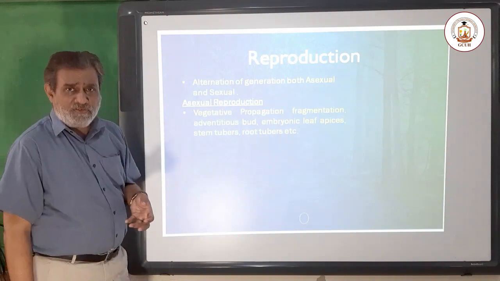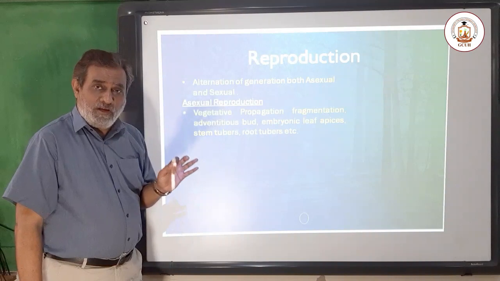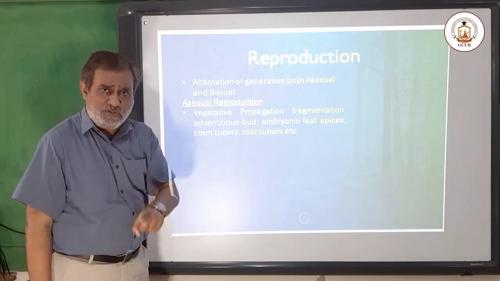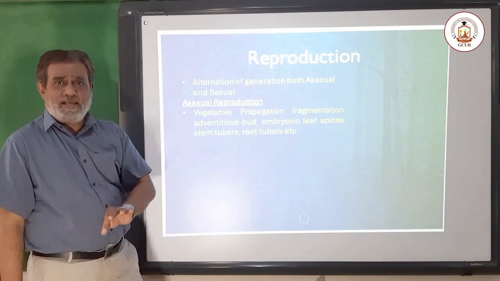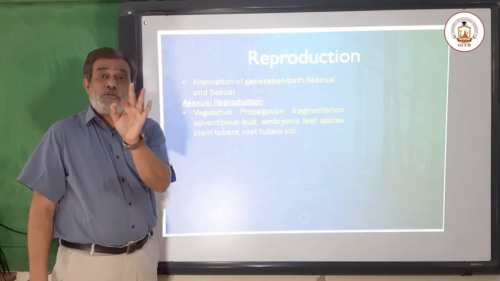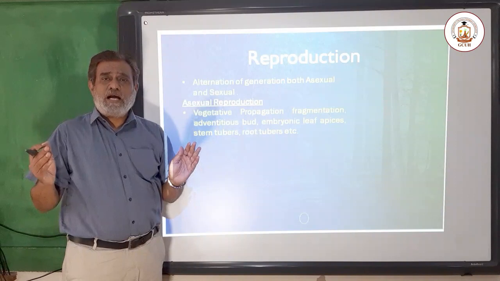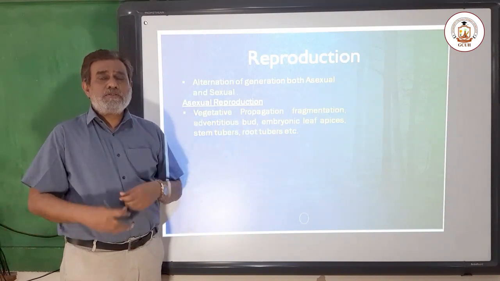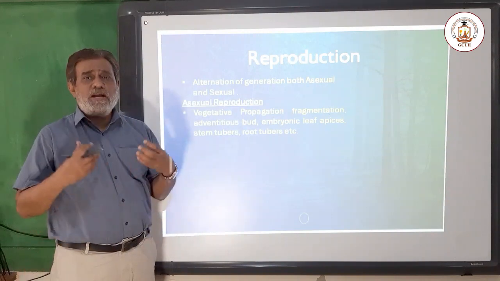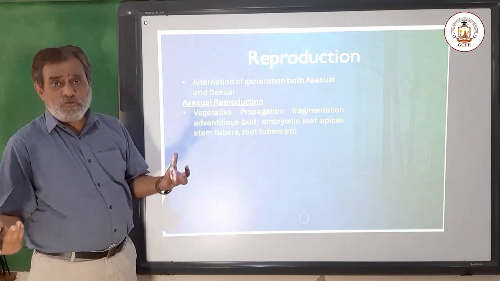I have also discussed in previous lectures that meiosis takes place once, when the plant produces spores, and the spore mother cell is responsible for producing spores. Sometimes these spores are morphologically similar, sometimes dissimilar. If the plant produces morphologically similar spores, they are called homosporous plants.